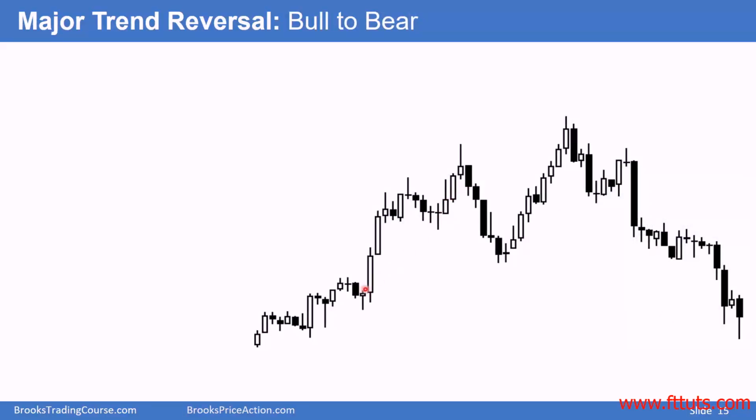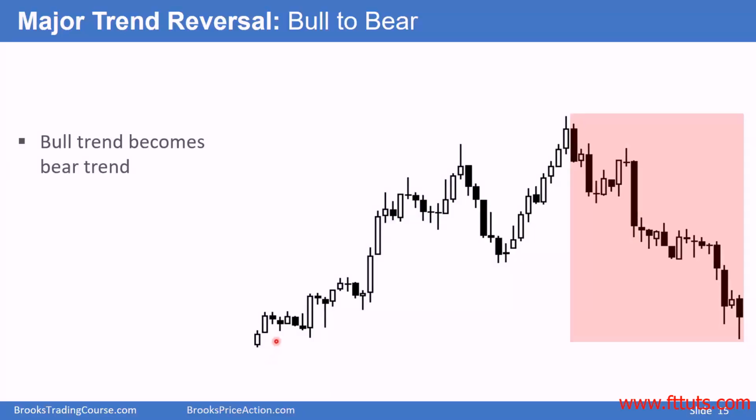Now look at this. We have a bull trend here and then a bear breakout to a broader bull channel. But you can look at this and say bull trend, pretty strong bear breakout. If we go above that high or test that high, maybe we'll get a trend reversal into a bear trend. And that's what we have. We have a bull trend and then a bear trend.